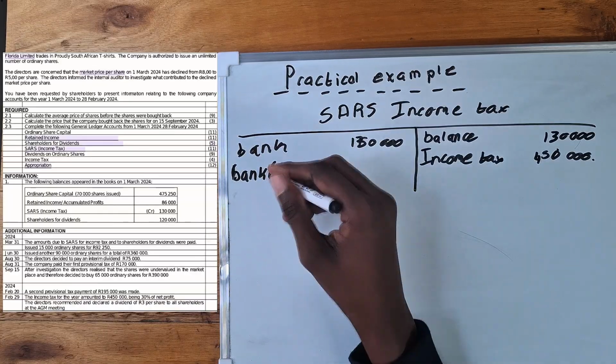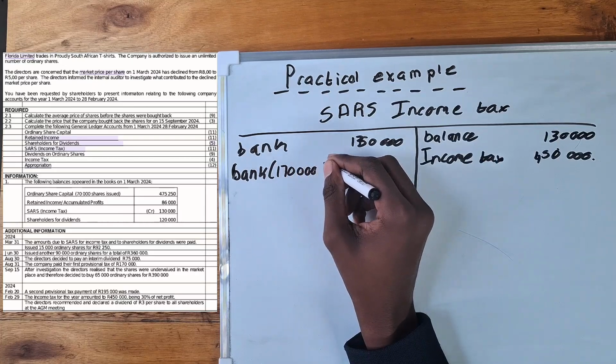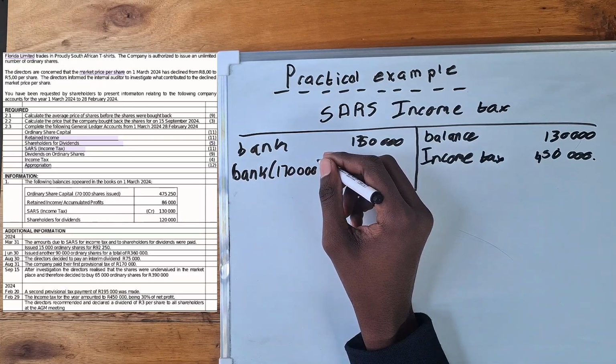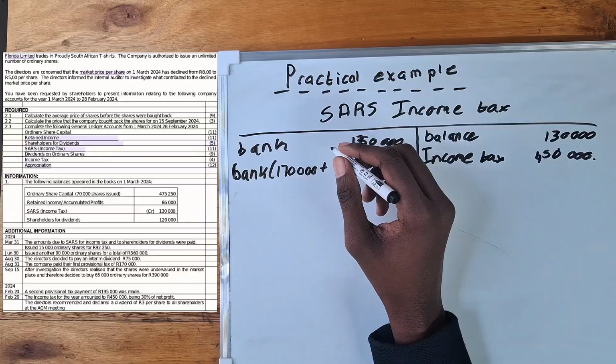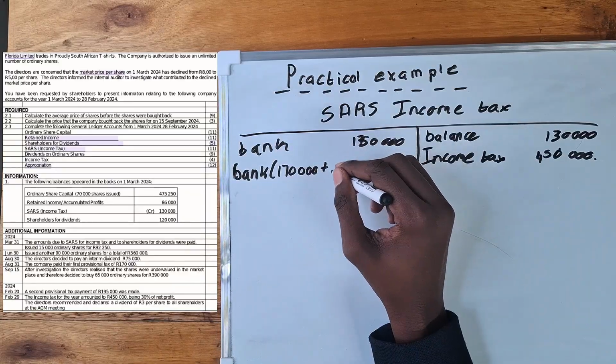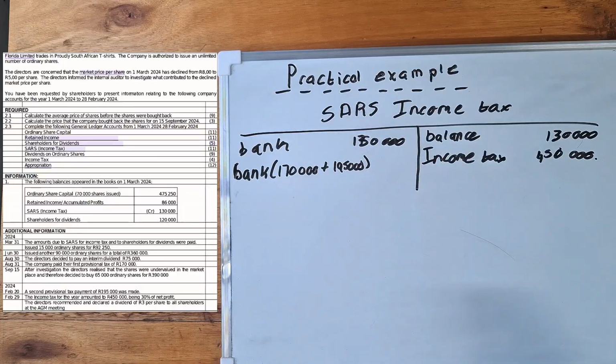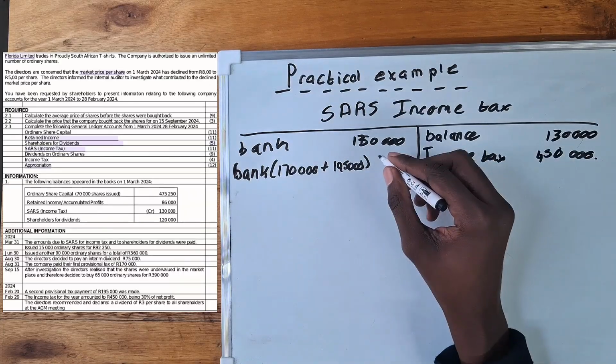Which was 170,000. And the second one was made on the 20th of February 2025 and it was 195,000. So when you add these two, you will get 365,000.